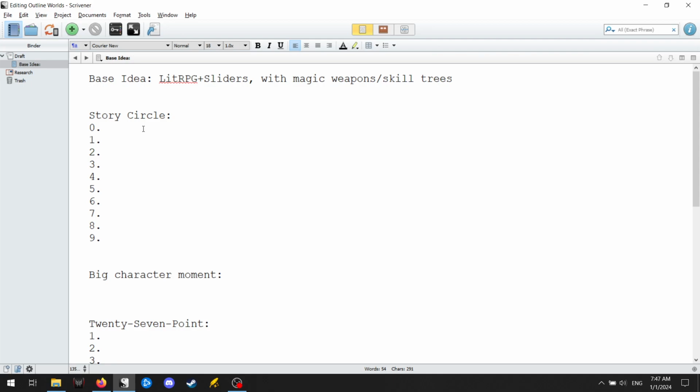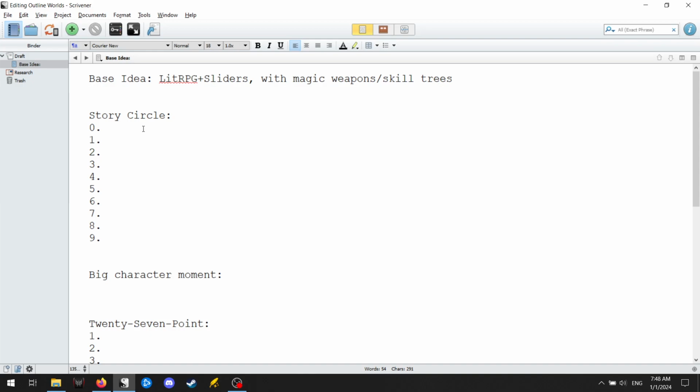The base story circle is point 1 to point 8, and I've added point 0 and point 9. Point 0 is essentially not really a prologue, but just a starting point. Point 3 is your inciting incident.